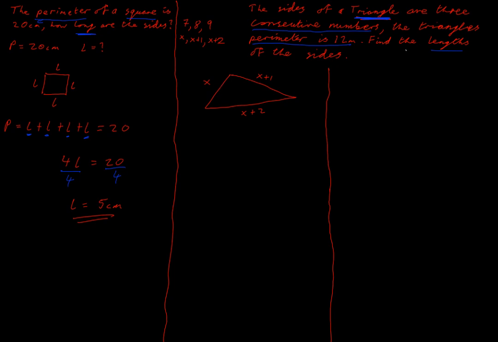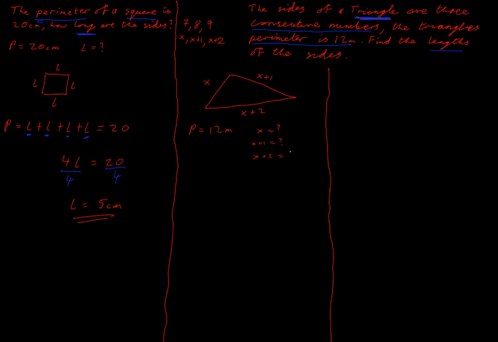And I've written that in because I'm told that I'm looking for the lengths of the sides. My 3 consecutive numbers are the lengths of the sides of my triangle. And I'm told that the perimeter is equal to 12 meters. And I want to know what x is equal to, what x plus 1 is equal to, what x plus 2 is equal to.